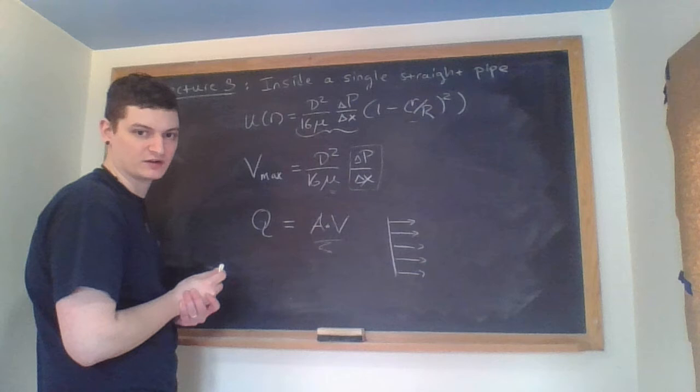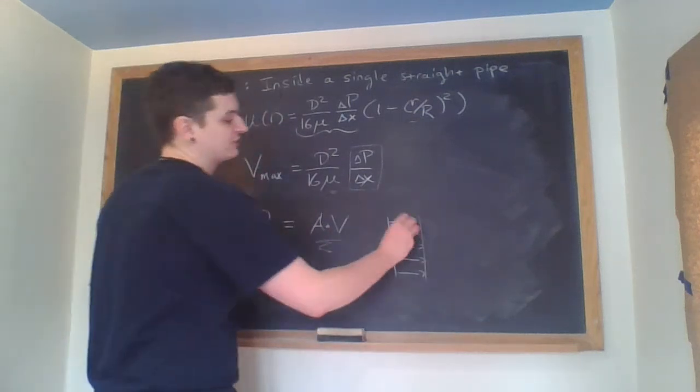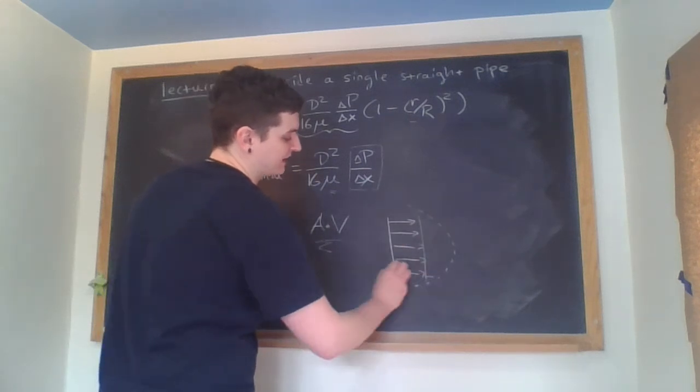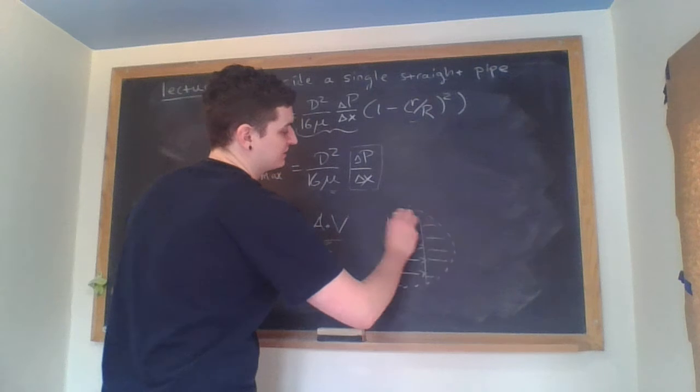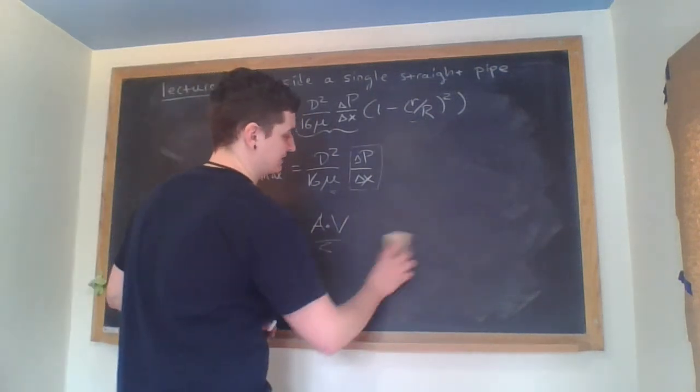That's when this is true. But since ours looks like this, where it changes, you have to do integration to figure out this term. Not that bad though, that's the idea.